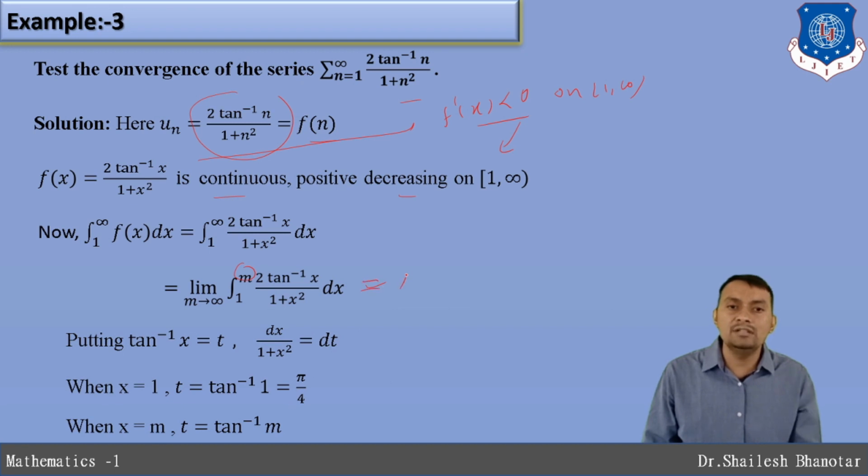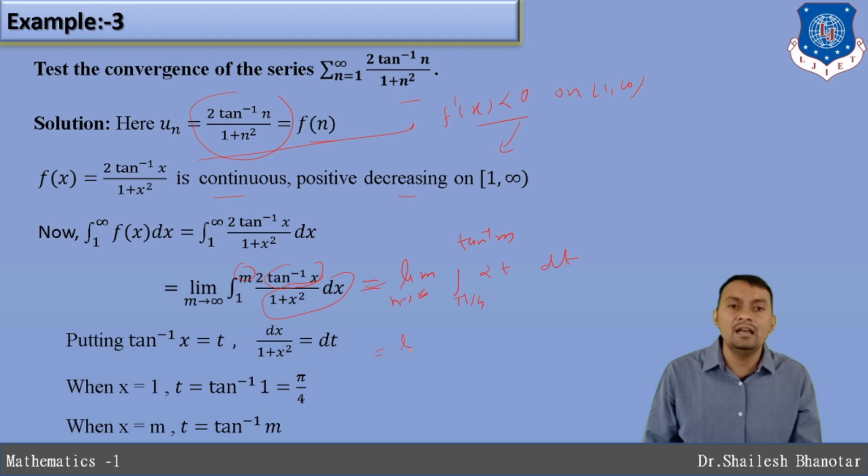If I put that here, the limit m tends to infinity, the lower limit is pi by 4 and the upper limit is tan inverse m, and dx divided by 1 plus x square is dt, and tan inverse x is t, so we get only 2 times t.